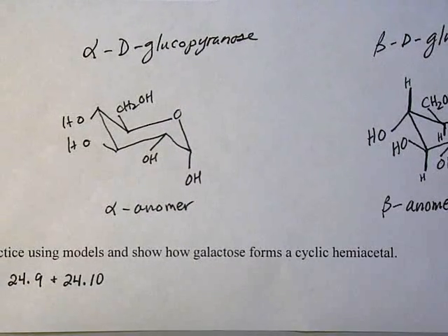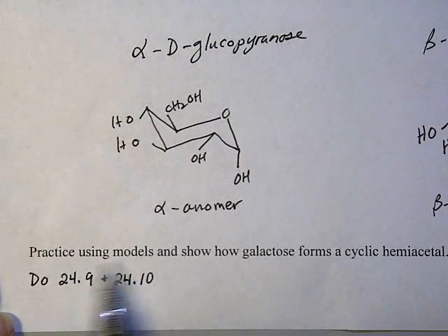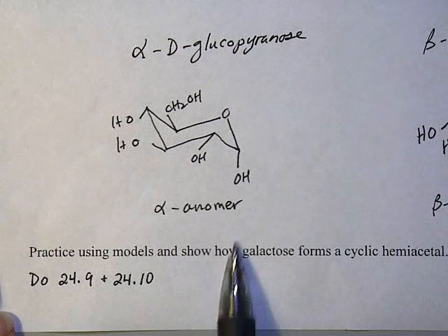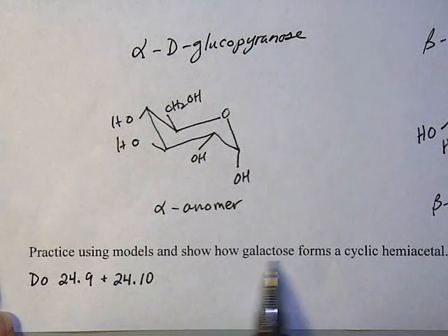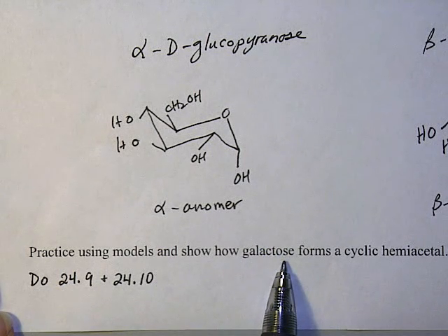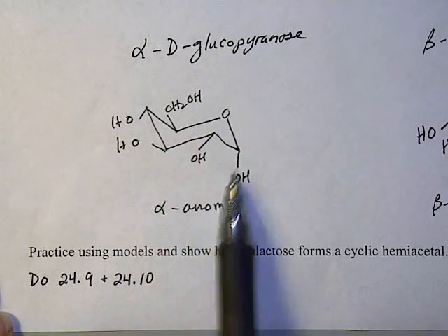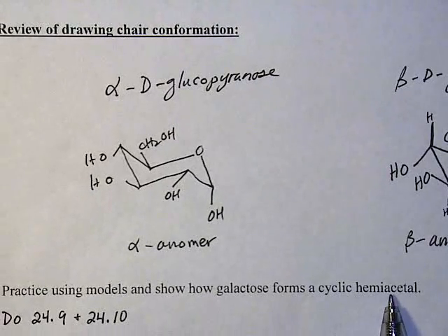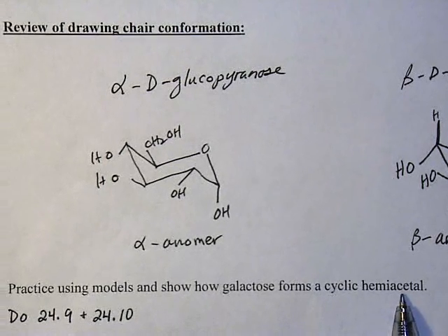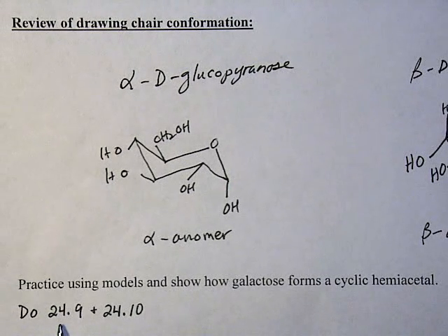After doing this, you should be able to do the same kind of drawing with galactose and show me in a chair conformation or a Haworth projection. I'll be accepting either one, what a cyclic hemiacetal would look like. And also be able to do 24.9 and 24.10 on your own before you come to the lecture. All right.